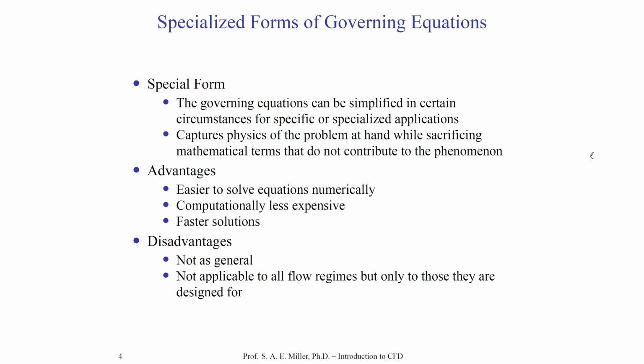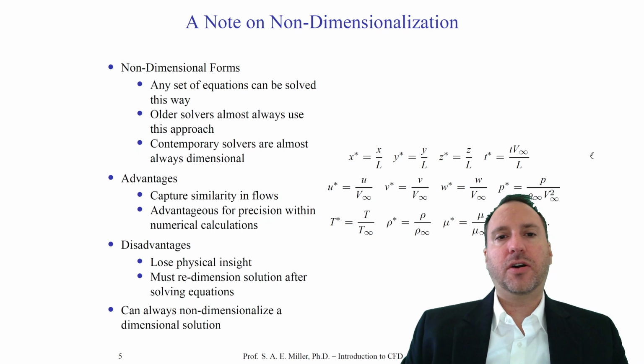We will focus on one particular type of solver in the turbulence modeling section for the simplicity of learning in the class. Before we begin, we should note that all these types of equations might be solved in two different forms. The first is dimensional and the second is non-dimensional. Remember, a dimensional number has some particular units, like a length might have a unit of meters or inches.